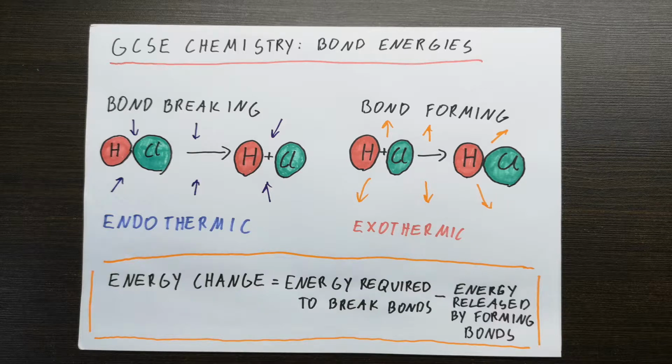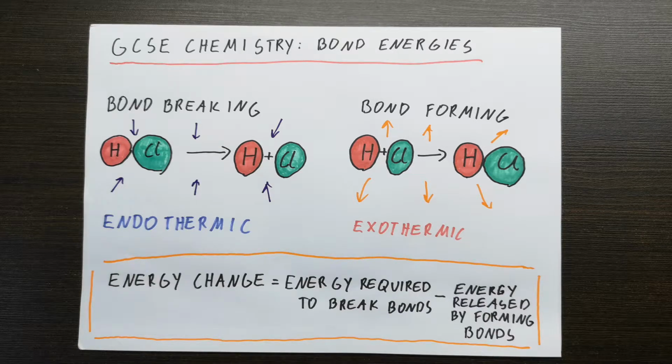Now, the main equation to remember is right here: energy change is equal to energy required to break bonds minus energy released by forming bonds. This may become a bit tricky later on, but don't worry, I will explain everything step by step and it will all make sense to you by the end of the video.